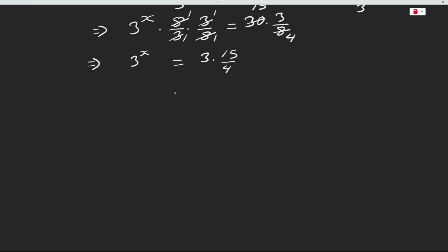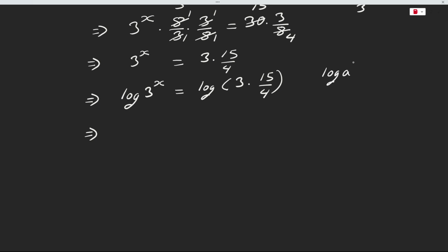Now taking a log on both sides, we can write this as log of 3 raised to the power x equals log of 3 times 15 by 4. This equals, now log of a raised to the power b equals b log of a.